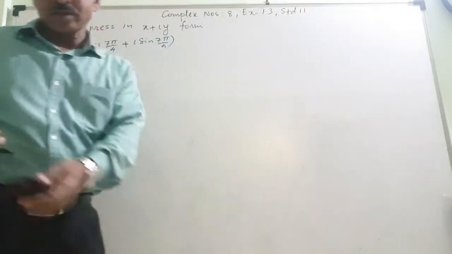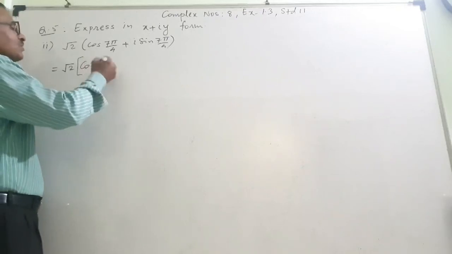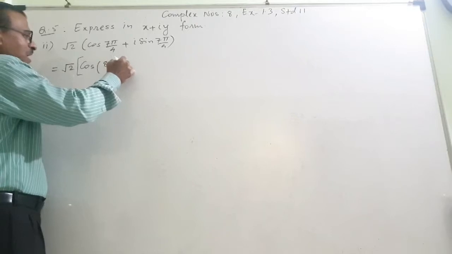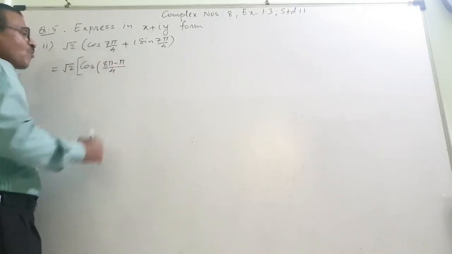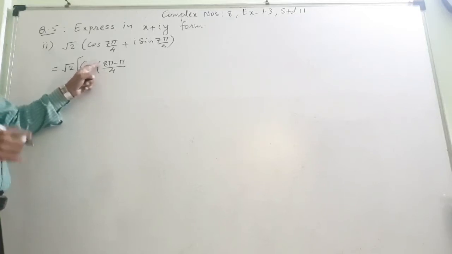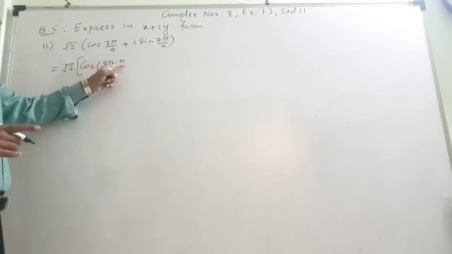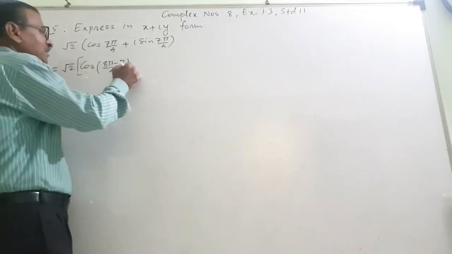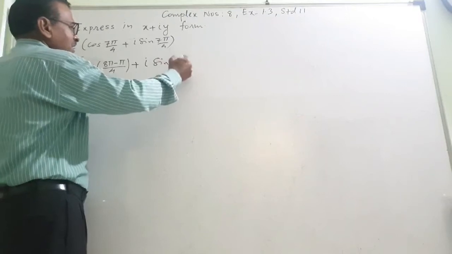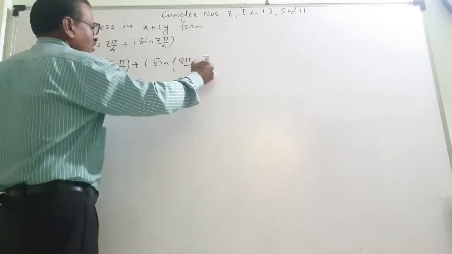So here what I will do is write it as 8 pi minus pi upon 4. Why 8 pi? Because it is close to 4 to the 8. I want 7 pi, so 8 pi minus pi, that will be 7 pi, plus i sin 8 pi minus pi upon 4.